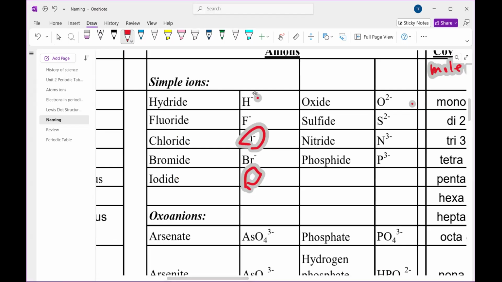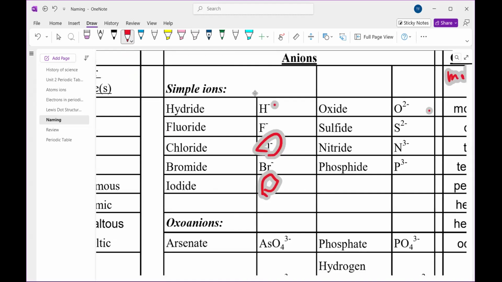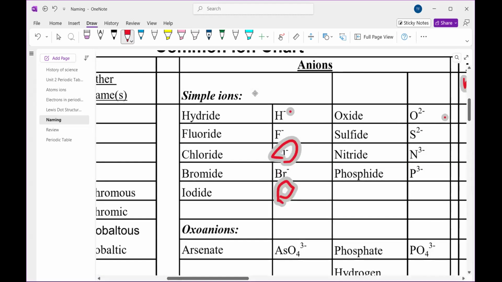Okay, so here's H and O's. Now notice they're both negative. That means it's definitely not ionic because we don't have a plus and a minus, cation and anion. Okay, so we have to use the molecular or covalent naming convention to name it.